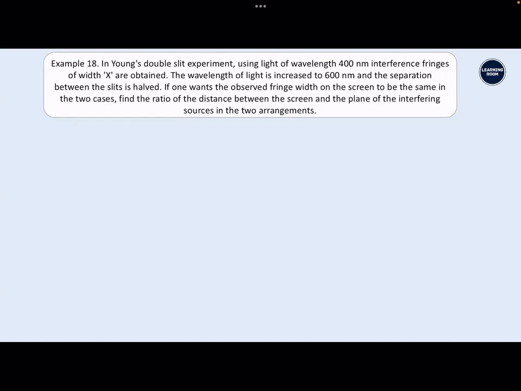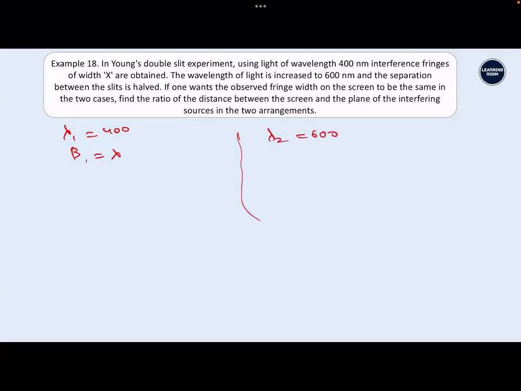I'll tell you a simple method to solve this problem. First put a line like this: left hand side as beta 1, right hand side as beta 2. So lambda 1 400, beta 1 capital X, lambda 2 600. The distance between the slits is halved, so d1 is d, d2 is d by 2.